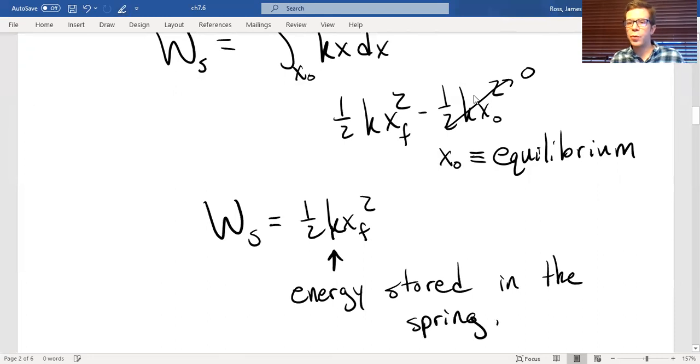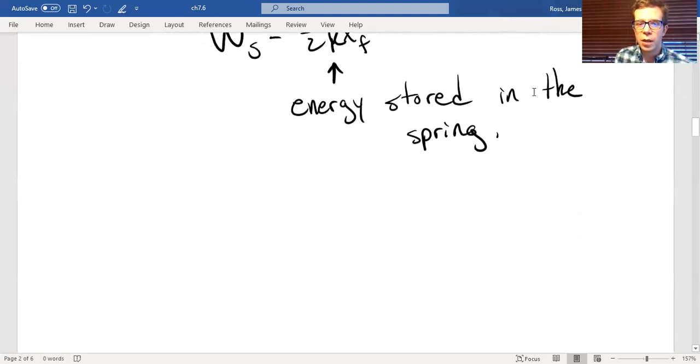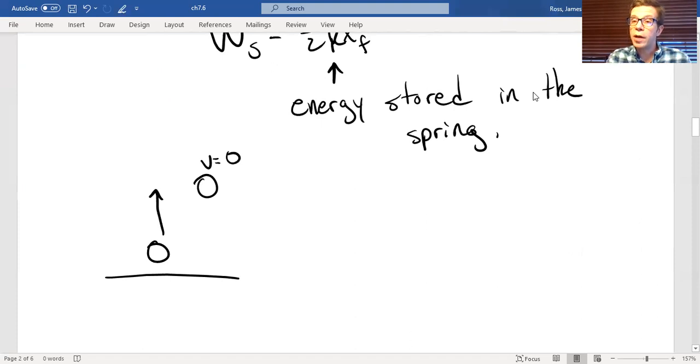So if we do work lifting an object, we're storing energy in that height, because even if there's no kinetic energy there, it is going to move when you release it, because it's going to be drawn back to the Earth. In this arrangement of the Earth object system, there's a potential.